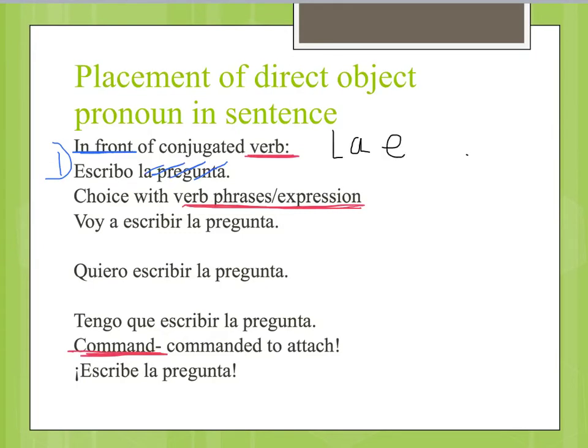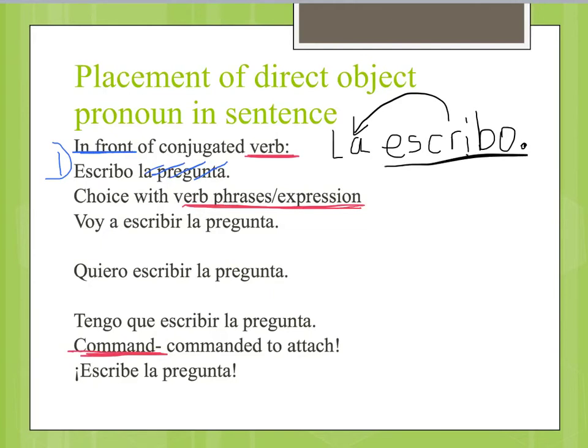Like we did with the indirect with le gusta, the direct object pronoun comes in front of the conjugated verb. So if escribo is my verb form, the la in front tells me I write it. And that's the placement when you're working with a simple verb.